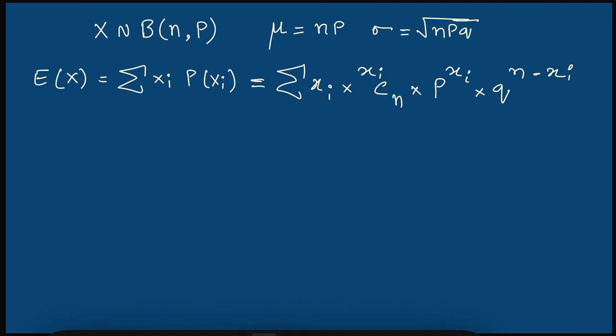So we have to calculate this function. Let's try to do some pretty fun calculations here. Let's give it a try. Yes, guys. So expectation of x is equal to the summation xi, and we have to extend the formula of combination here.